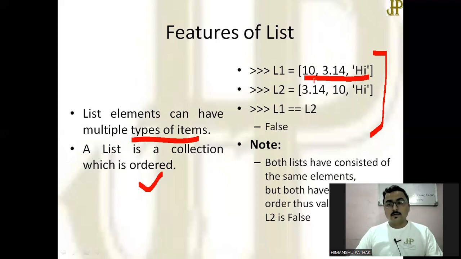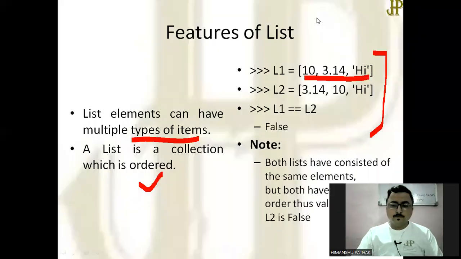But there is a difference of order. So here you can see that the integer element is at the 0th position, and then at the 1st position there is a floating point number. But here in L2, the floating point number is at the 0th position, and at the 1st position there is an integer value 10. So what does it mean?